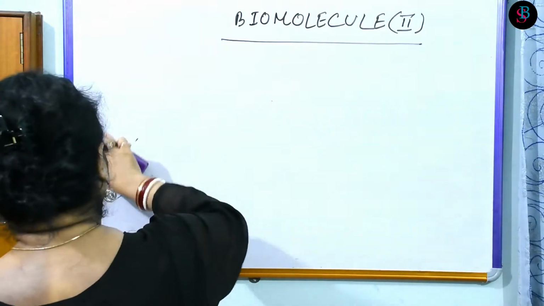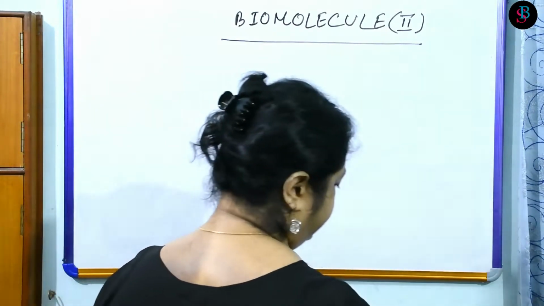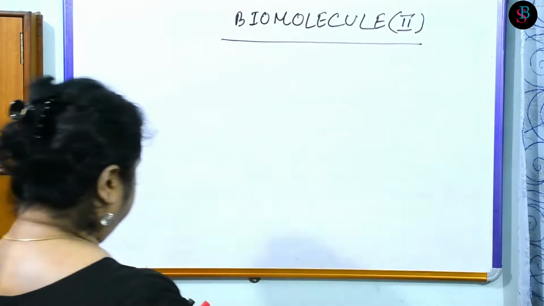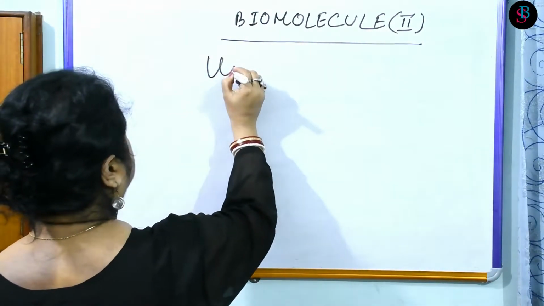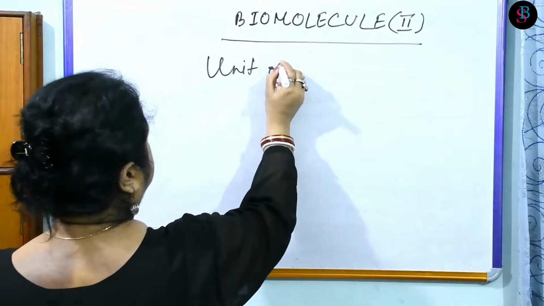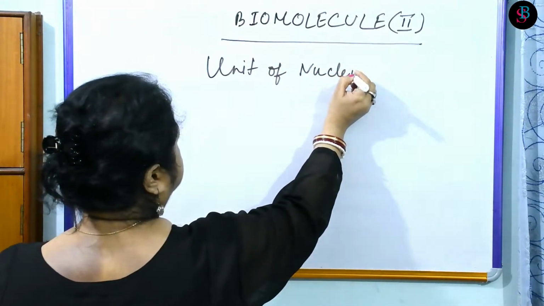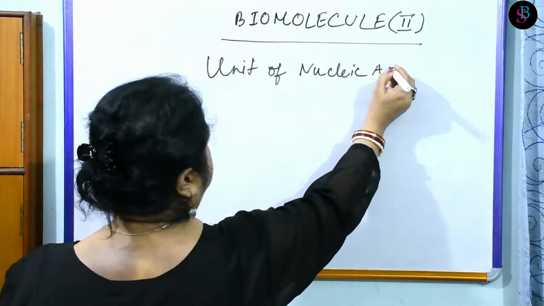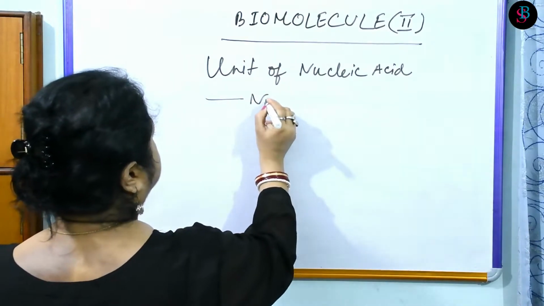First, the unit of nucleic acid, for both DNA and RNA. What is the unit of nucleic acid? The unit of nucleic acid is nucleotide.